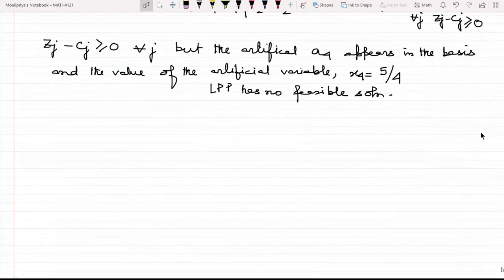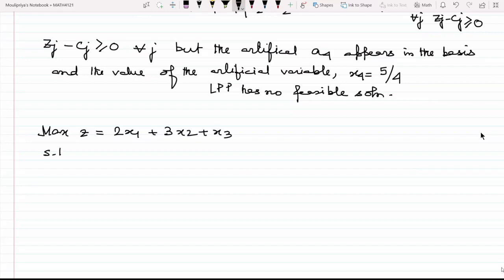Now, let us do one more problem. Suppose I tell you to solve, again with the help of that big M method that we are talking about, say max z equal to 2x1 plus 3x2 plus x3 subject to minus 3x1 plus 2x2 plus 3x3 equal to 8 and minus 3x1 plus 4x2 plus 2x3 equal to 7.